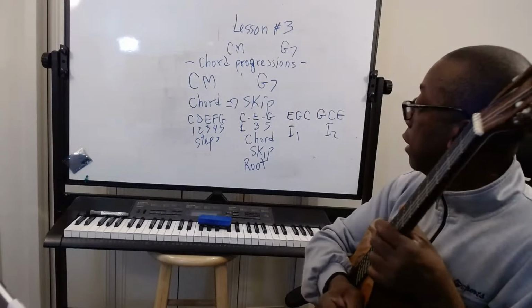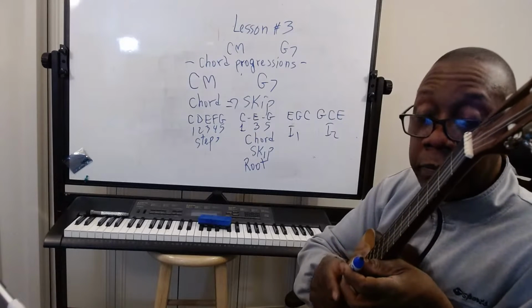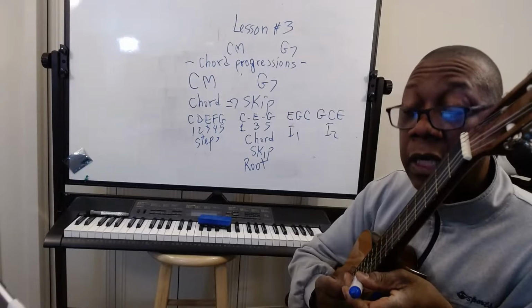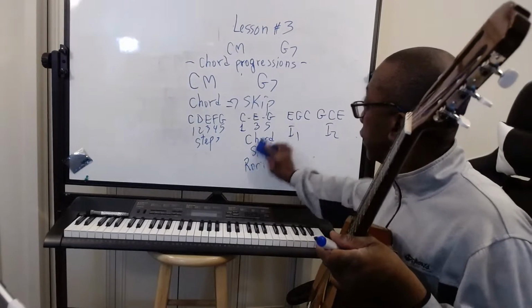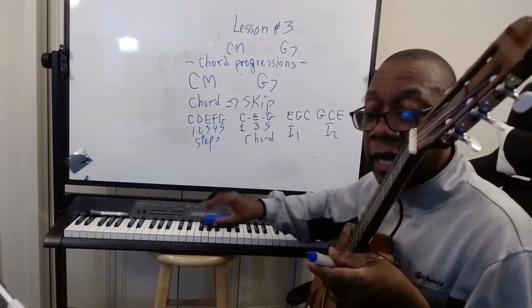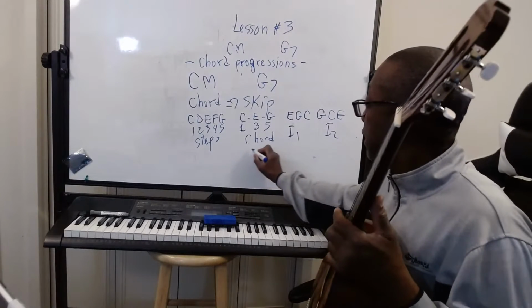Oh, I see. Yeah. So now let me show you how it's written in the staff. Let's take our staff that has 5 lines, 4 spaces.